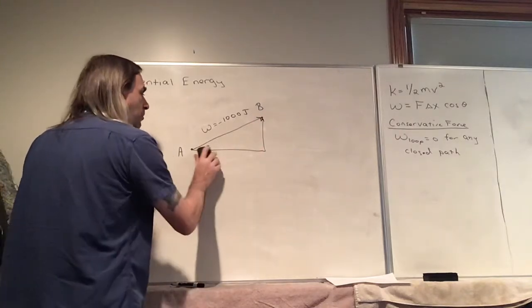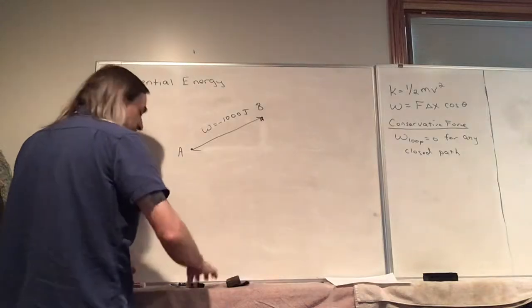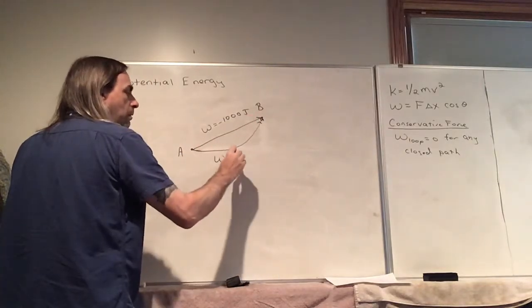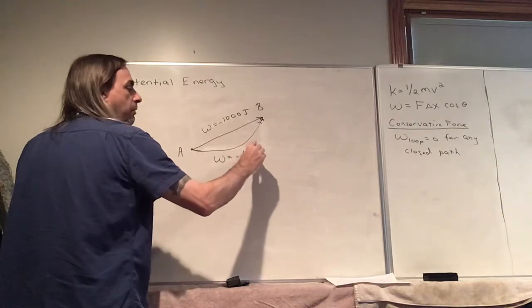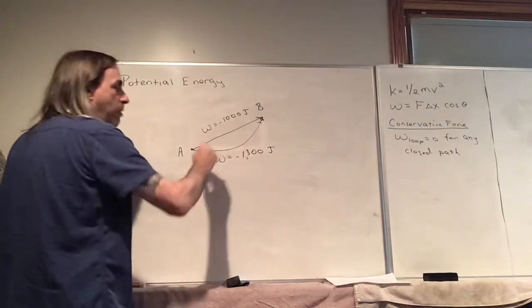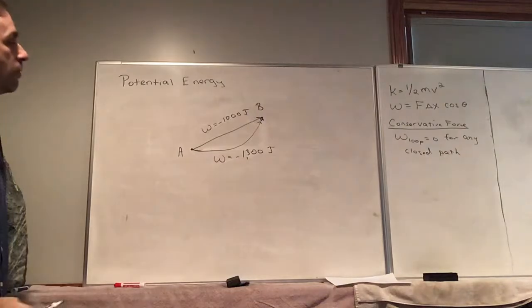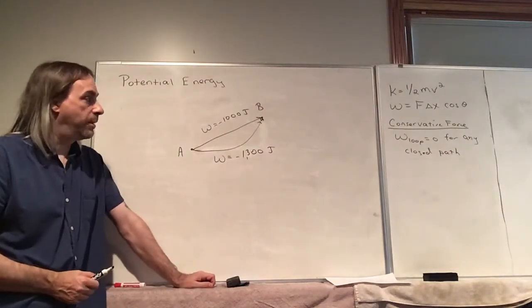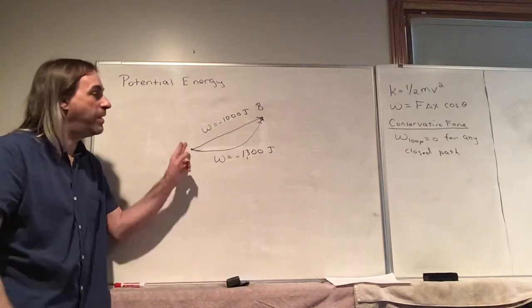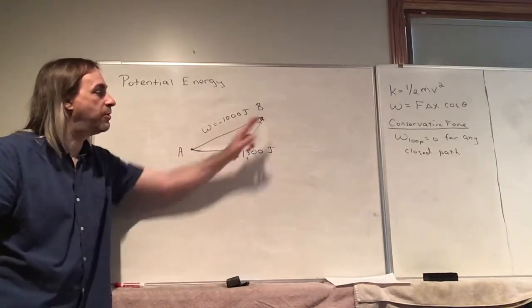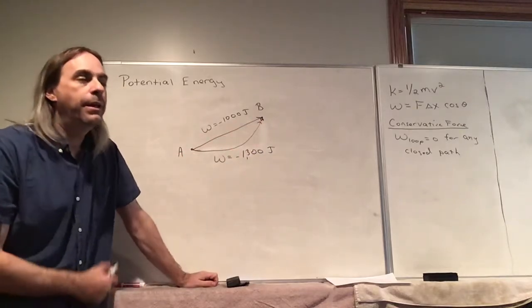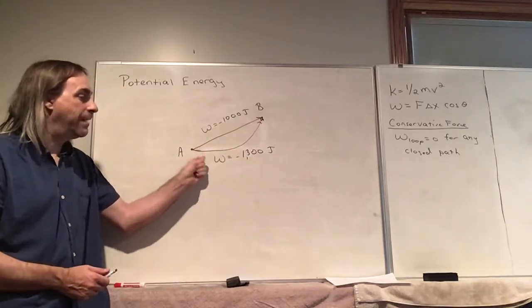Let's just say we take some different path here. Maybe that'll be minus 1,300 joules, because it's a longer path. The longer you make it, the more work is going to be done by friction. And so you can't tell me how much work the force did between these two paths if the answer depends on the path.